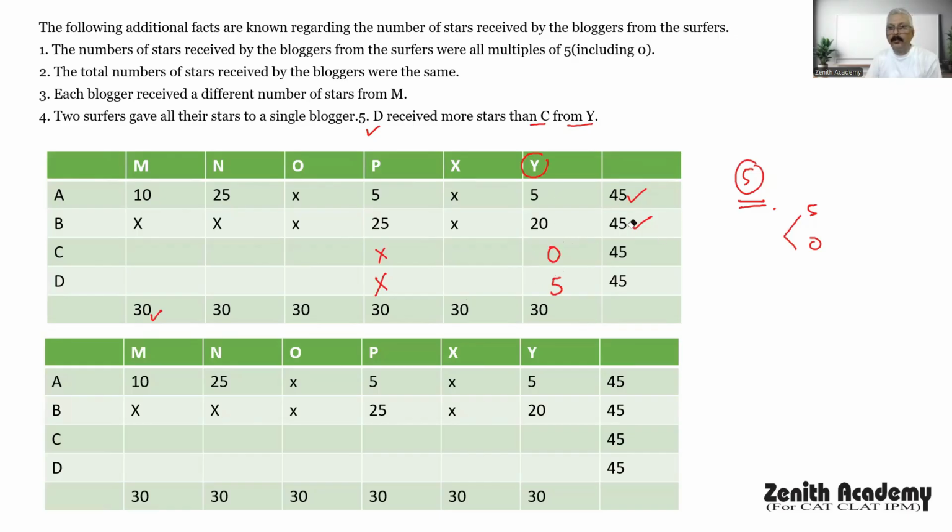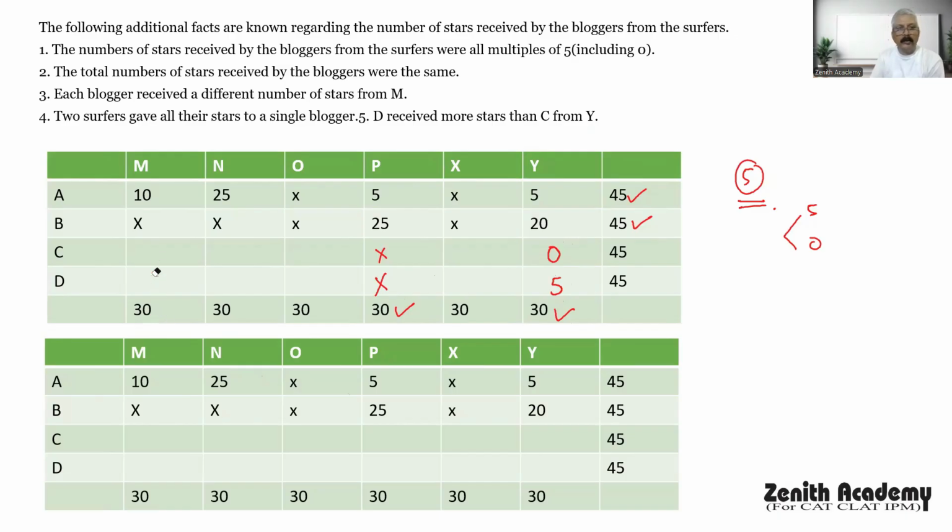So now look here, D 30 completed, 5, 25, 30 completed. And here 30 not completed.